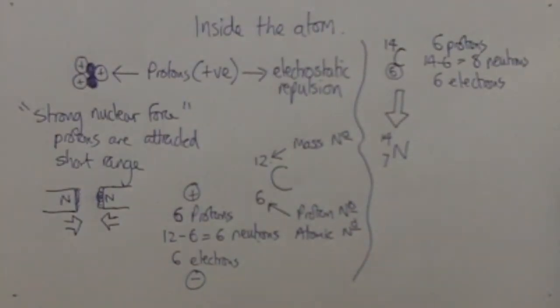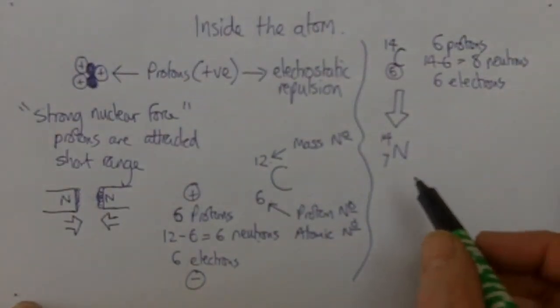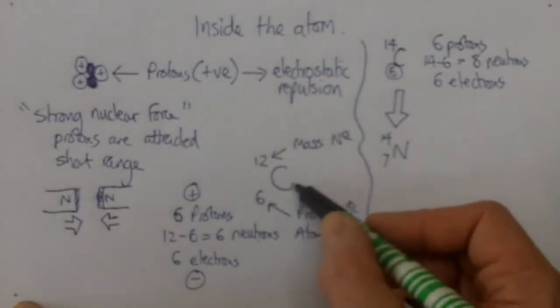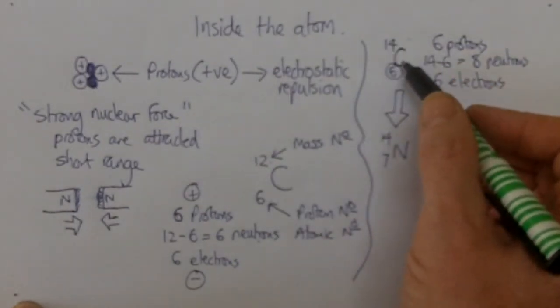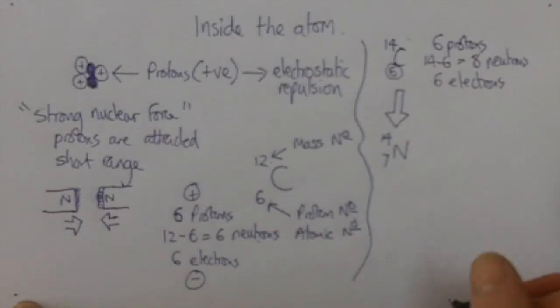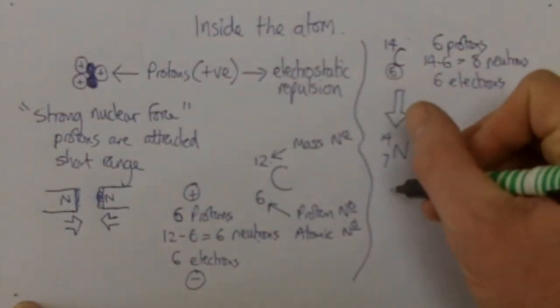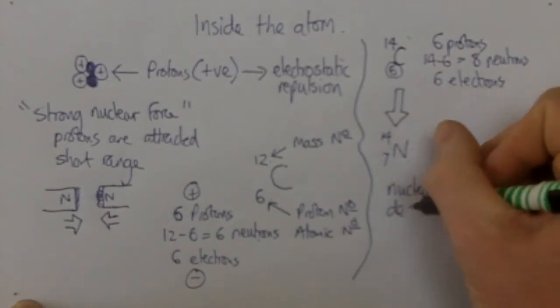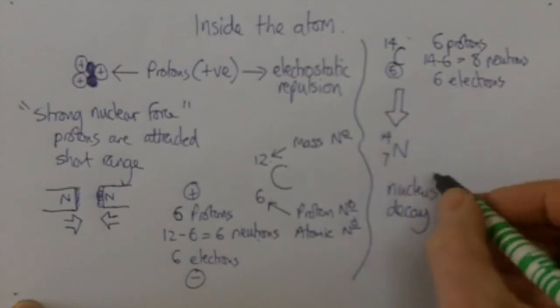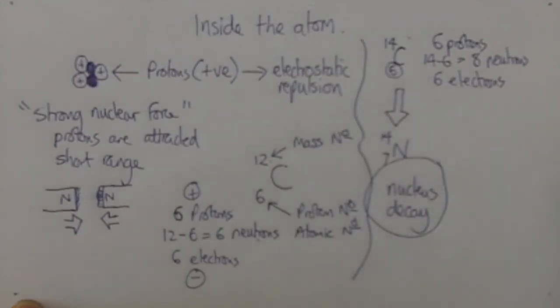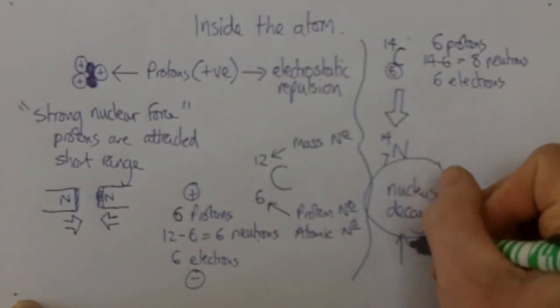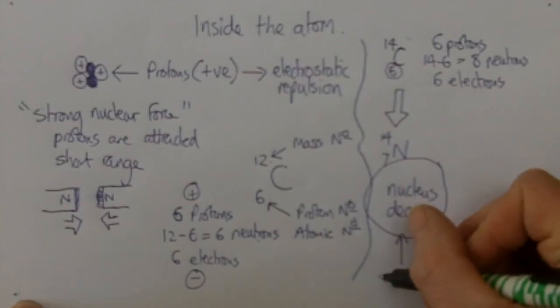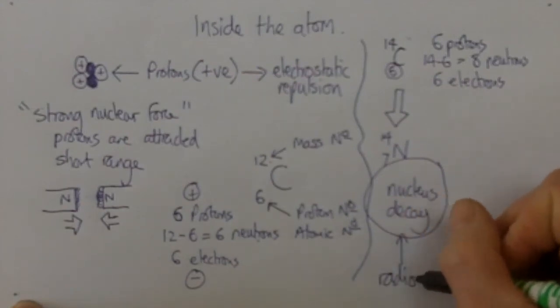But essentially what I want you to understand is the idea that there can be different versions of the same element, but some of these are unstable, and if an atom is unstable, then the nucleus can decay. Now then, if a nucleus decays to become more stable, we say that that element, or that isotope I should say, is radioactive.